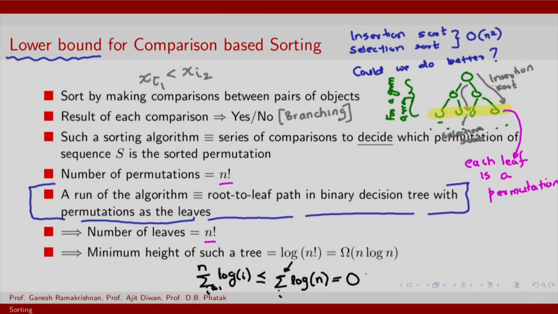So this gives us order n log n. This is of course an upper bound, but we can similarly find a lower bound.